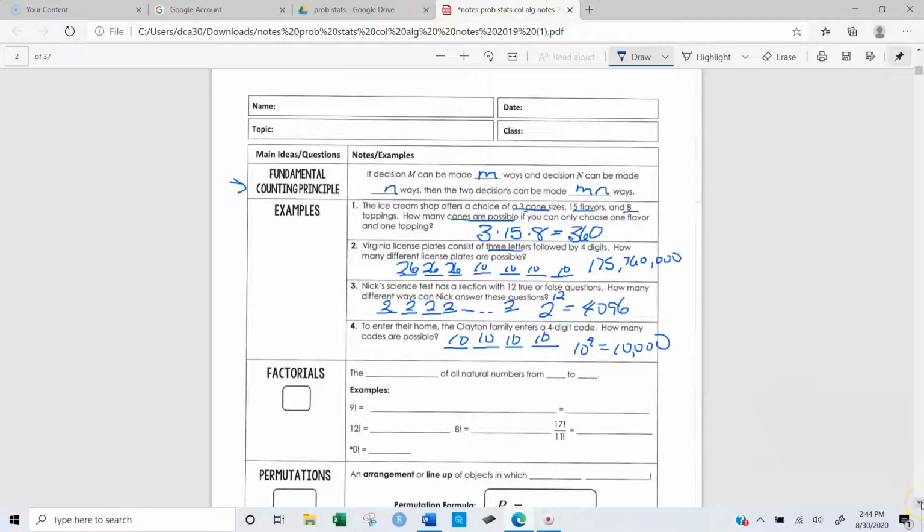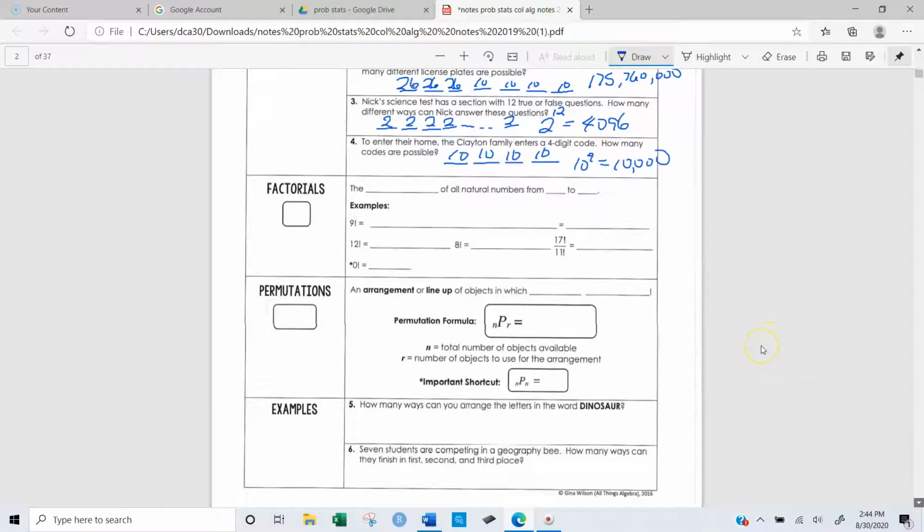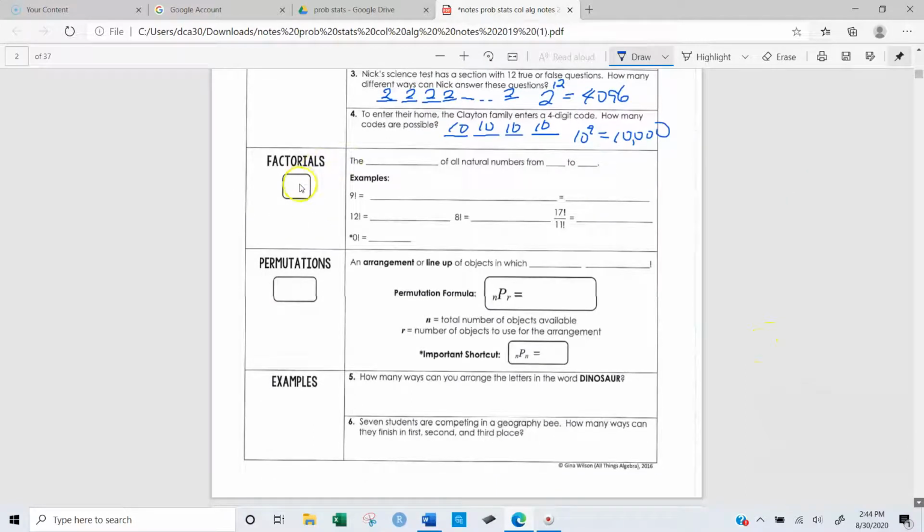Next, we're going to move on to factorial, and this is actually just notation. So when you do factorial, a factorial symbol is an exclamation point, and there's always a number in front of it. So a number, factorial. This here is the product of all the natural numbers from wherever you're starting to 1.